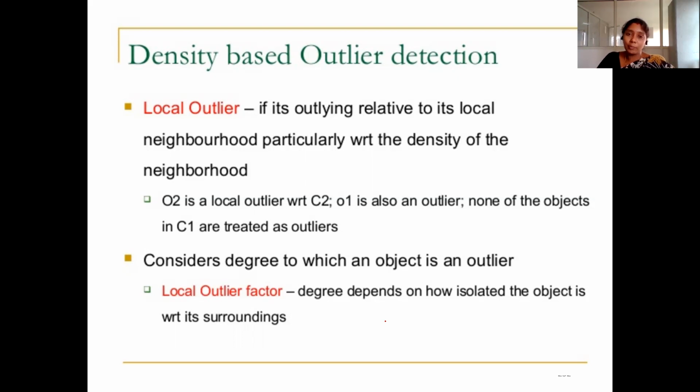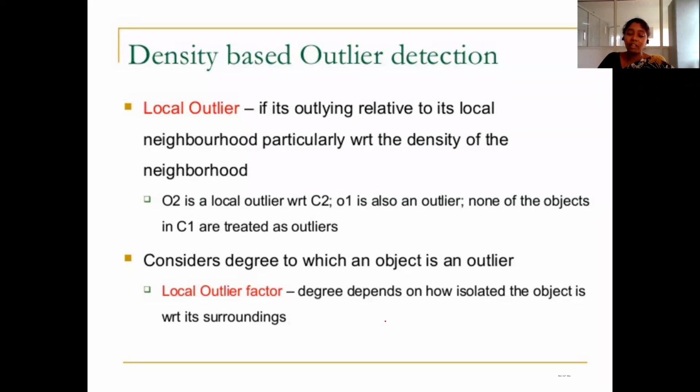Suppose you qualified the exam, with what rank? Based on the rank, I can assess you. All are qualifying the MCET exam, but with what rank? If you get a good rank, I can judge you based on the rank only. Similarly here also many local outliers are there, but what is a pure local outlier? That is based on the local outlier factor.